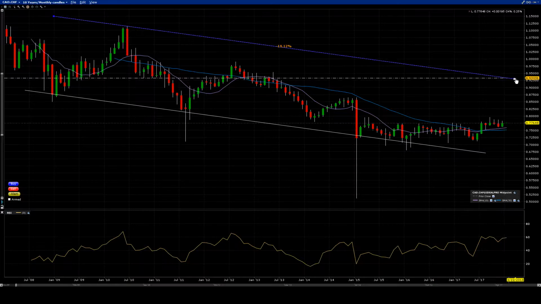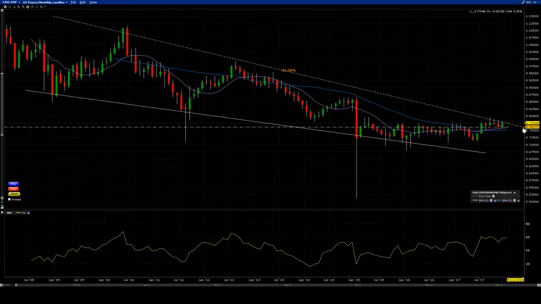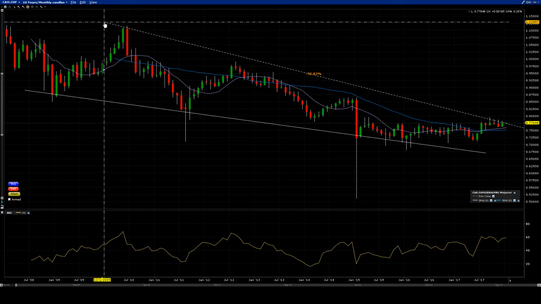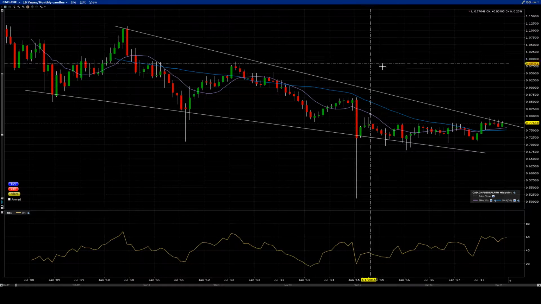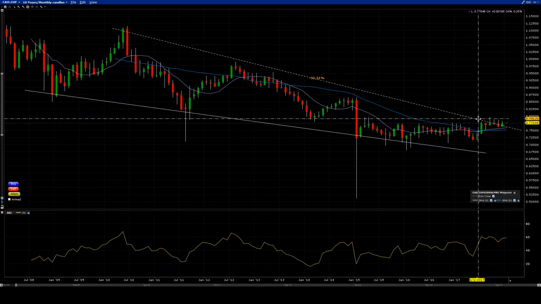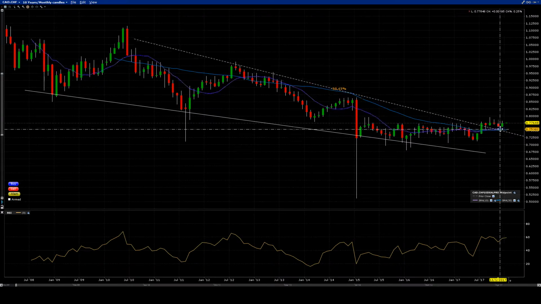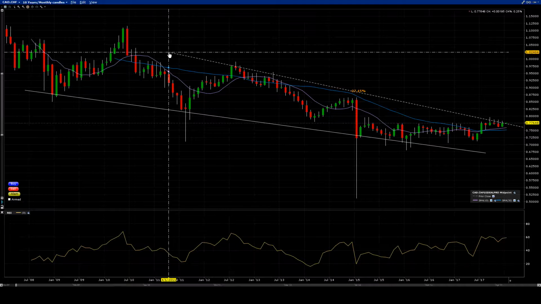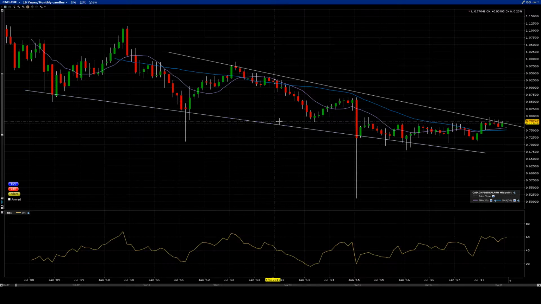Not quite. It's more inclined. It's looking like maybe a falling wedge. Let's check it out like this. Okay, so we might have a falling wedge right here.